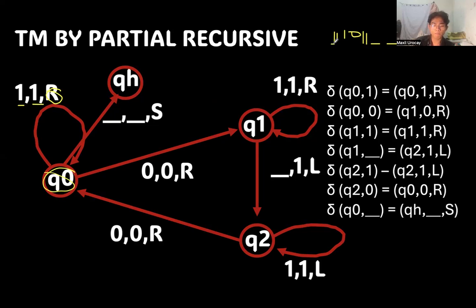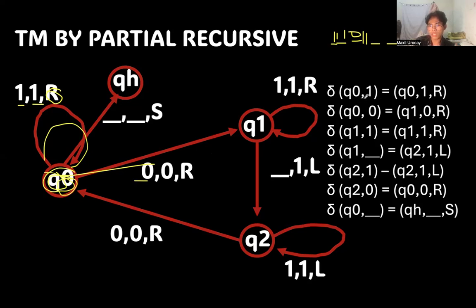So after we move right, we are pointing directly at the 0 already, and we skip the operator. We are in Q0, our current symbol is 0, and the direction is right.